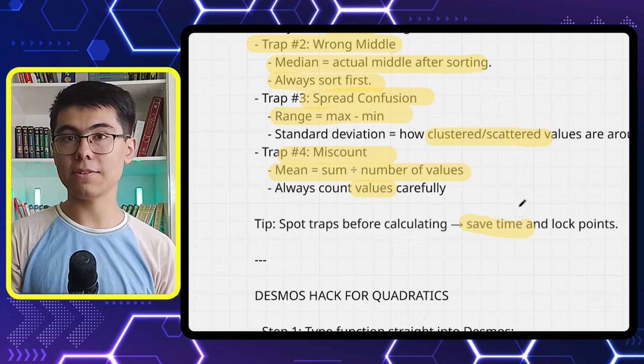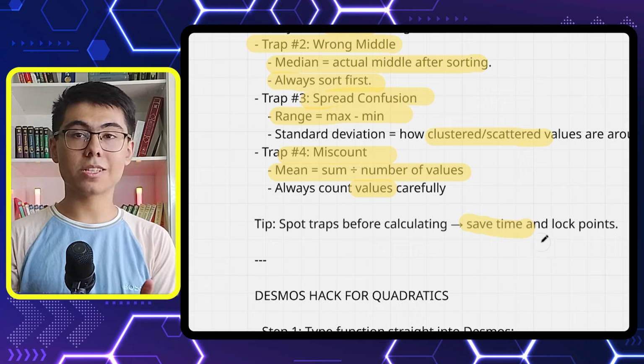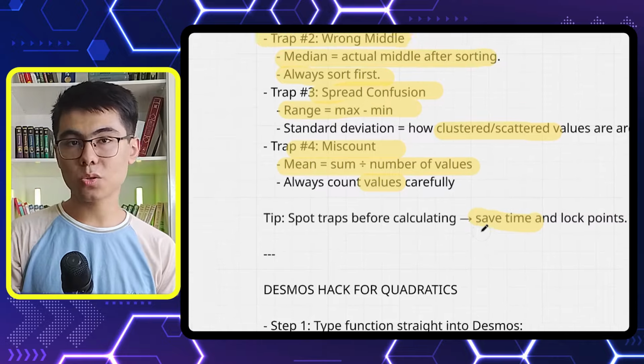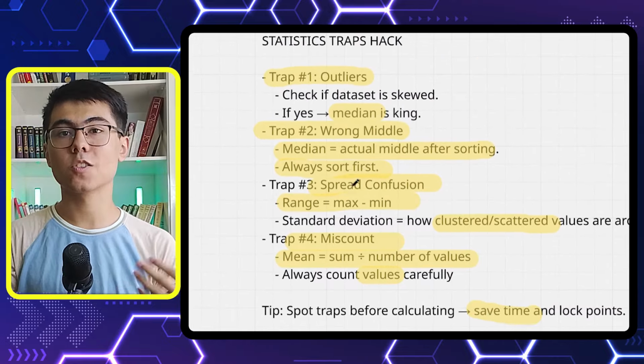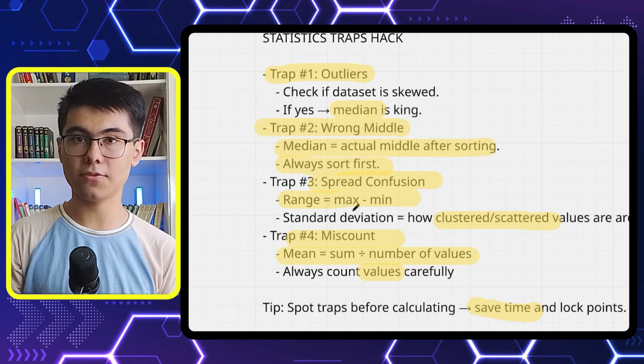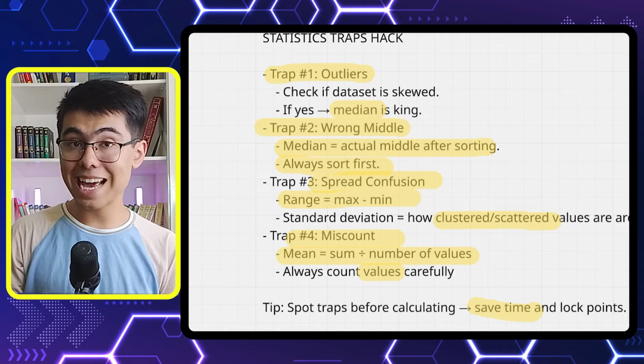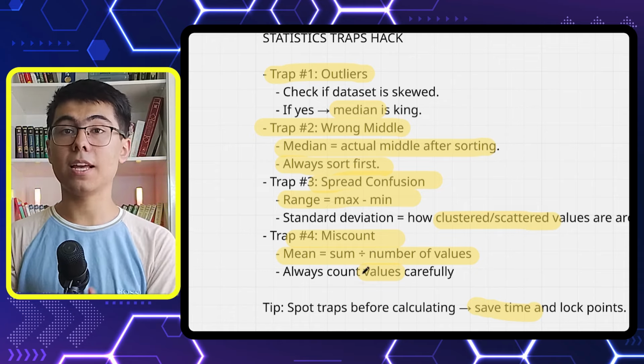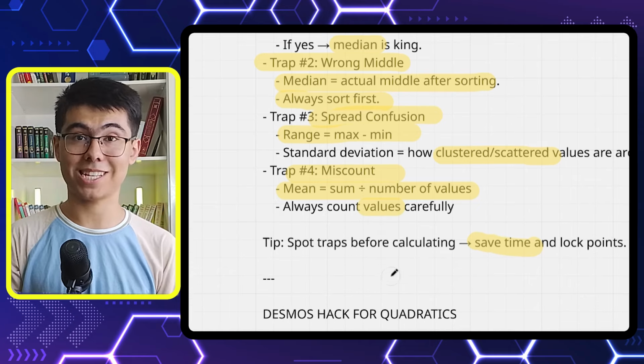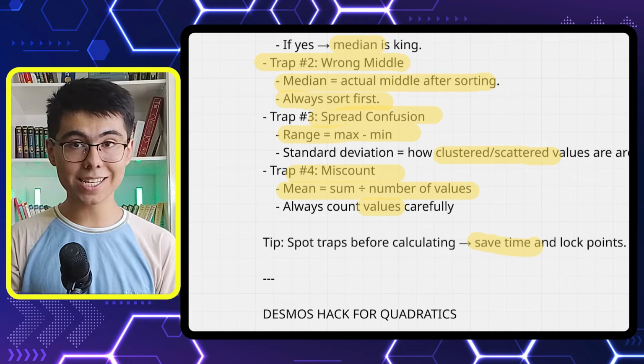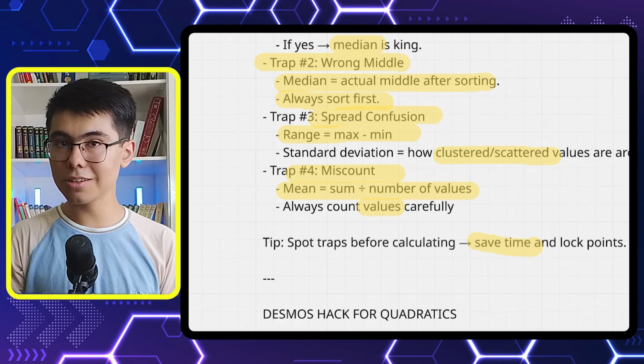And that's time saved, so burn this in. Outliers, check median. Unsorted, sort first. Spread is standard deviation versus range. Count values every time. And that's the anti-trap system. And buckle up, because the next hack is literally the nuclear option.